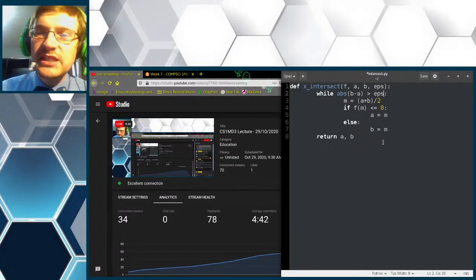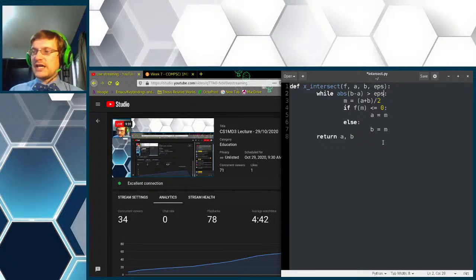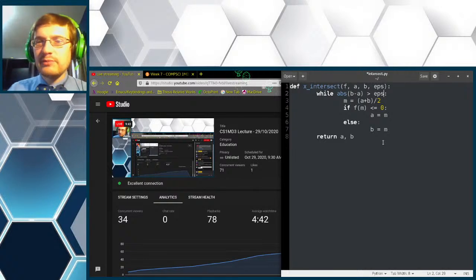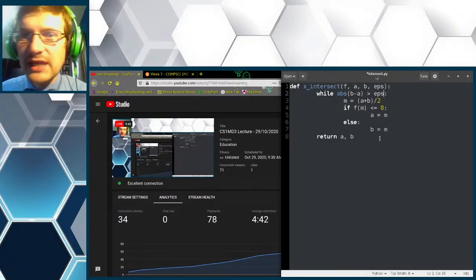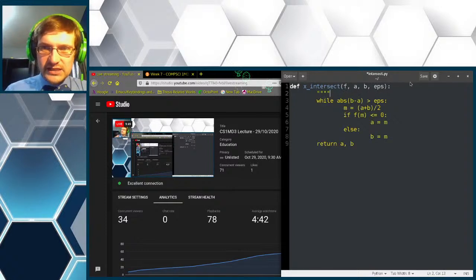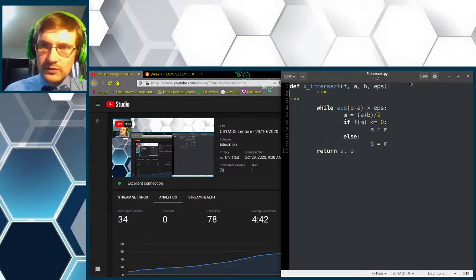So checking to see if A and B have different signs, we don't necessarily have to check that because of the assumptions that we've made going into this algorithm. Remember, we've made some key assumptions here. The first assumption is that epsilon is greater than 0.